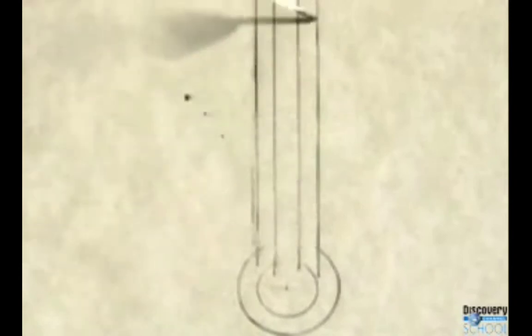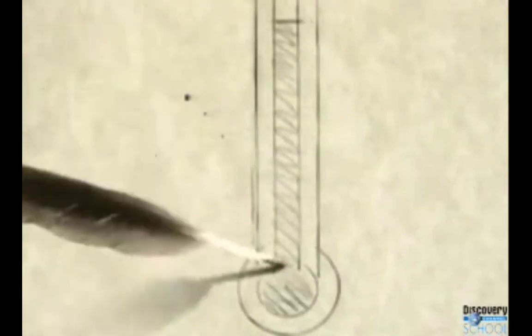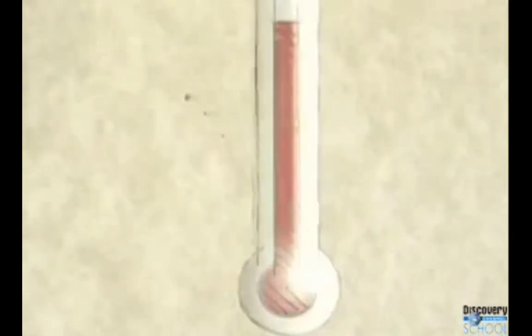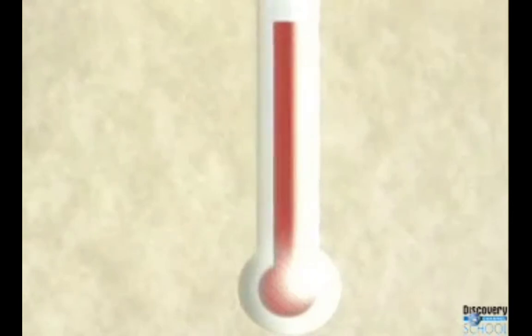When you're designing a scale from scratch, where do you start? How do you decide where the top and bottom points should go? There was one low temperature that scientists had established was constant, the point at which water turns to ice.